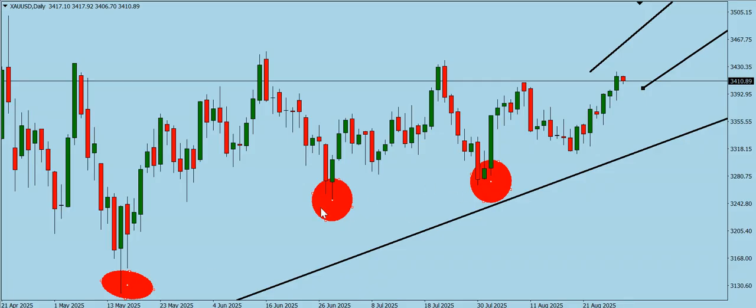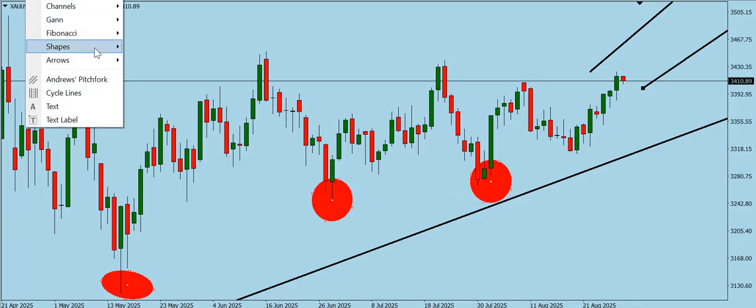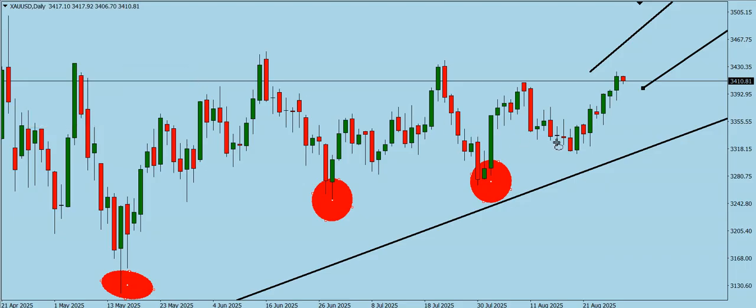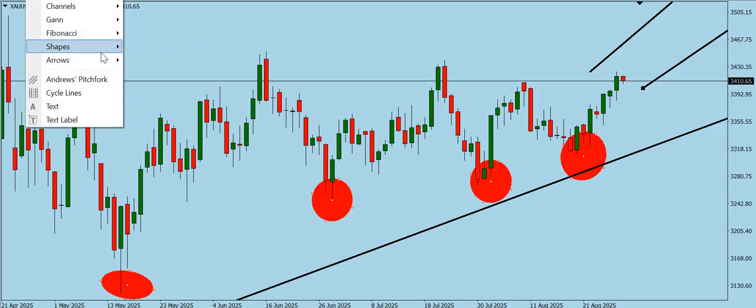This particular low is higher than the previous low, and this particular low is also higher than the previous low. Okay, now we have a high here.